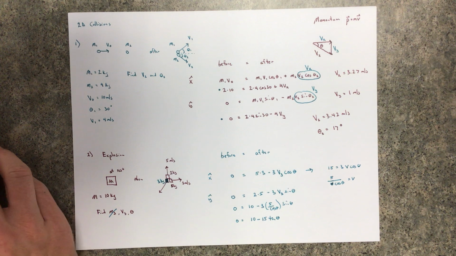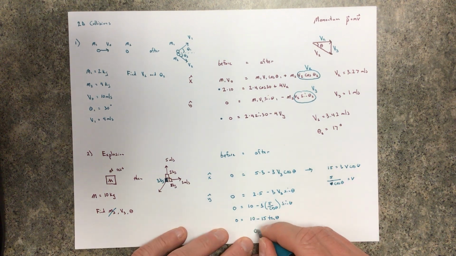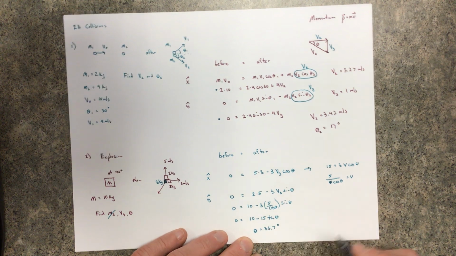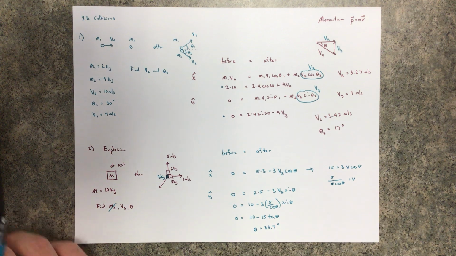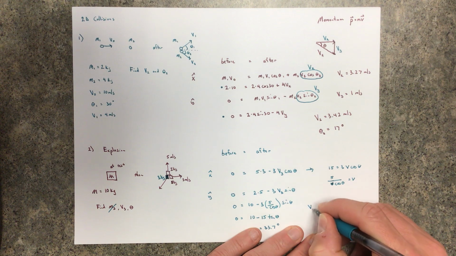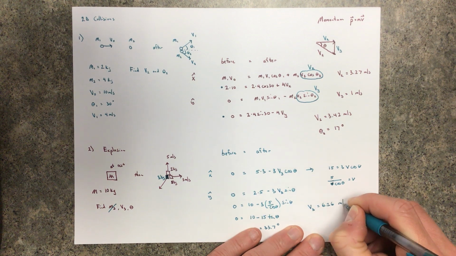And then I can just add over the 15 and divide, so I get 10/15ths, and then I'm going to take inverse tangent of that. And I get an angle of 33.7 degrees, and then my velocity is just 5 divided by cosine of that 33.7, and I get 6.26. V3 is 6.26 meters per second.